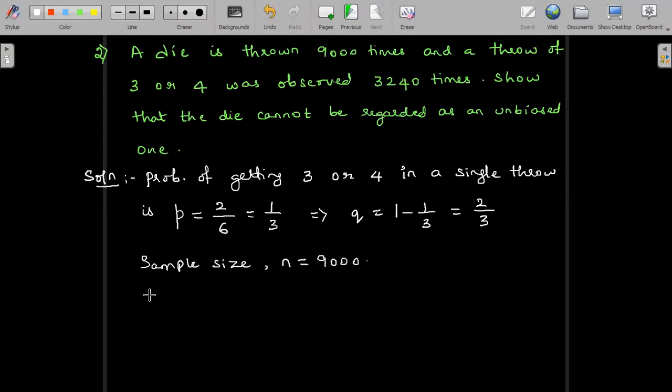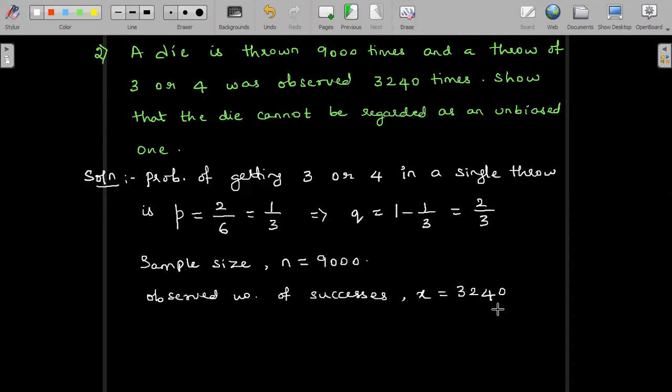And the observed number of successes X is equal to 3,240. Here getting a success is nothing but getting 3 or 4 as an observed outcome. Getting 3 or 4 out of 9,000 happened 3,240 times. So that is why X is equal to 3,240.